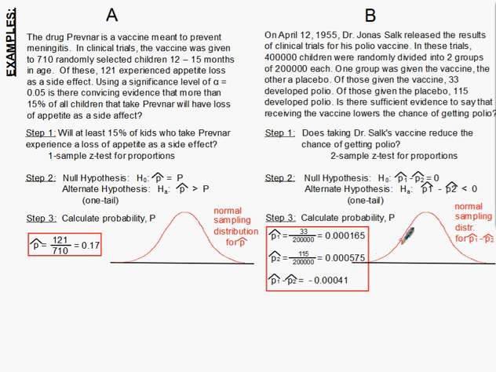And being two proportion, we're actually interested in the difference of the two samples. Now, the center of the sampling distributions, of course, for the Prevnar, the question really is about 15%. Is the sample significantly different than 15?